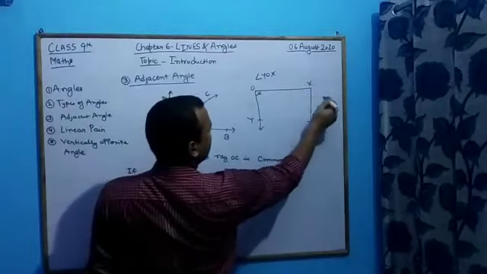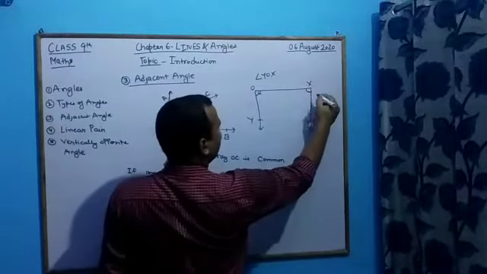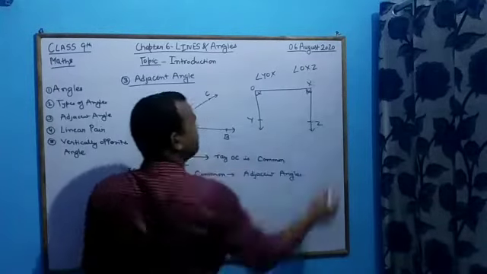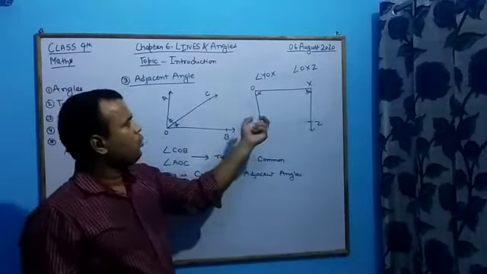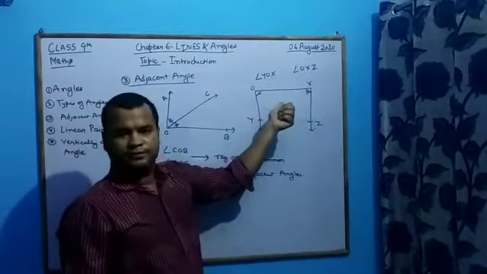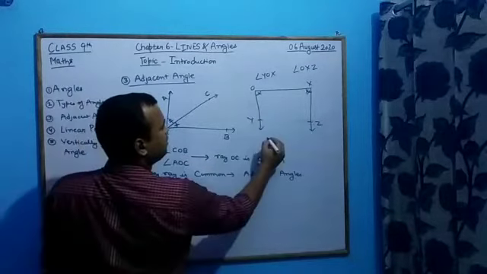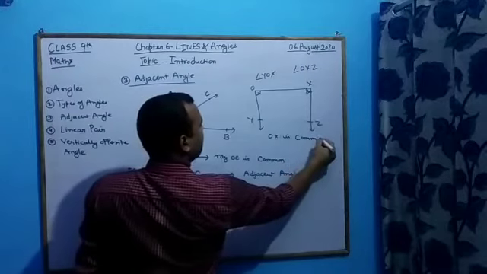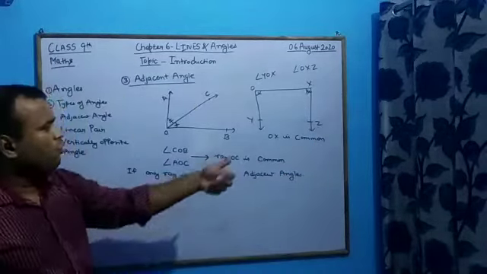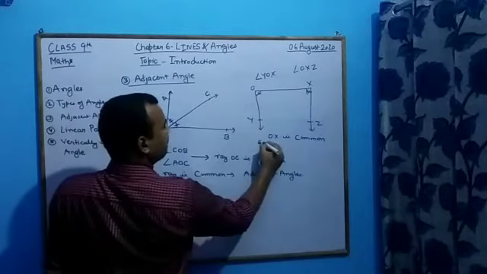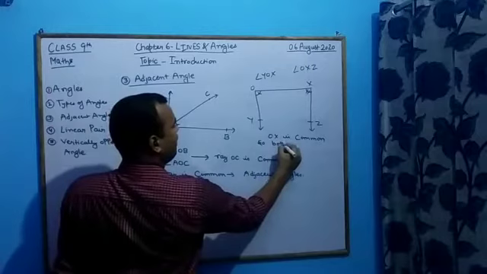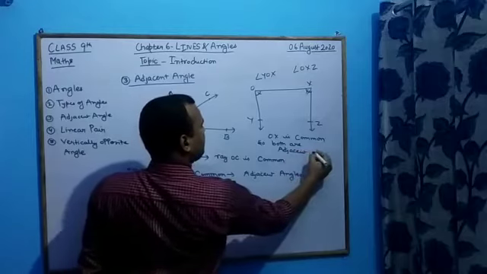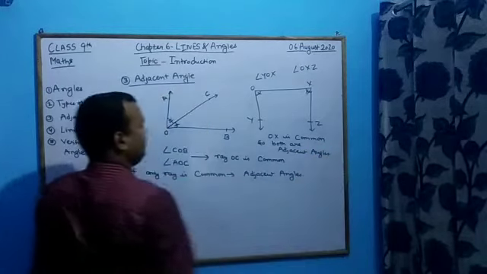Another angle we are referring to is OXZ. Here also we can see that in both angles, one ray is common. Here OX is common. This side is common. So both are adjacent angles.